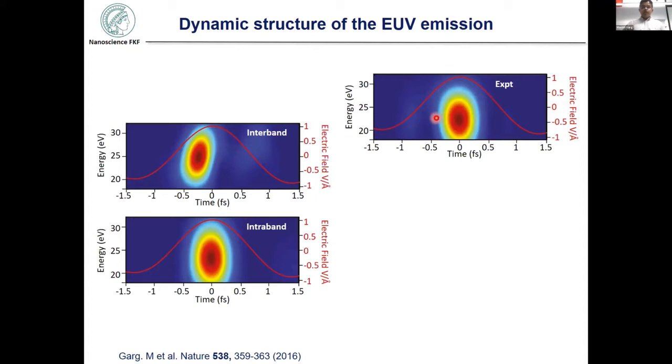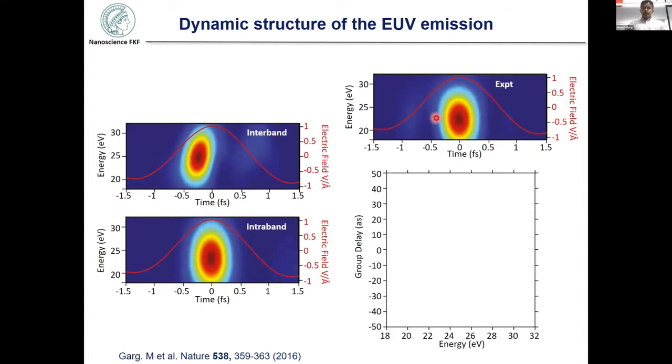But we can look a bit more carefully by looking into the group delay of this emission. The group delay tells at which point in time different photon energies of the EUV pulses are emitted. For the interband contribution, the group delay linearly increases, so the lower photon energies are emitted earlier and the higher photon energies come later in time.